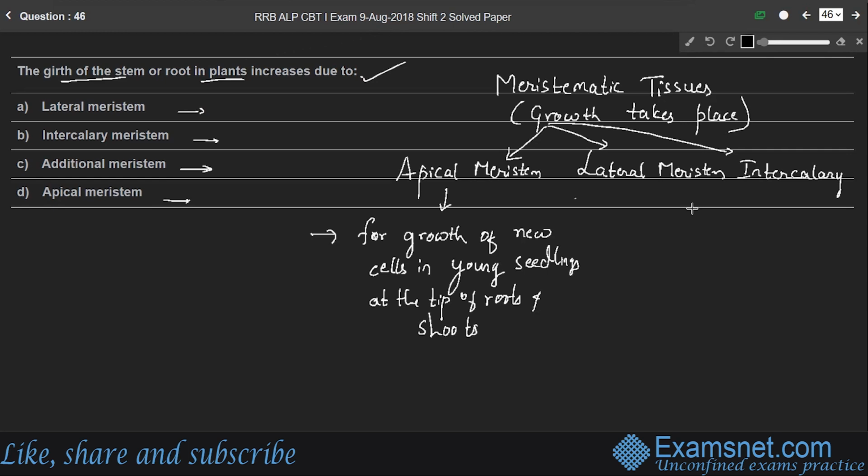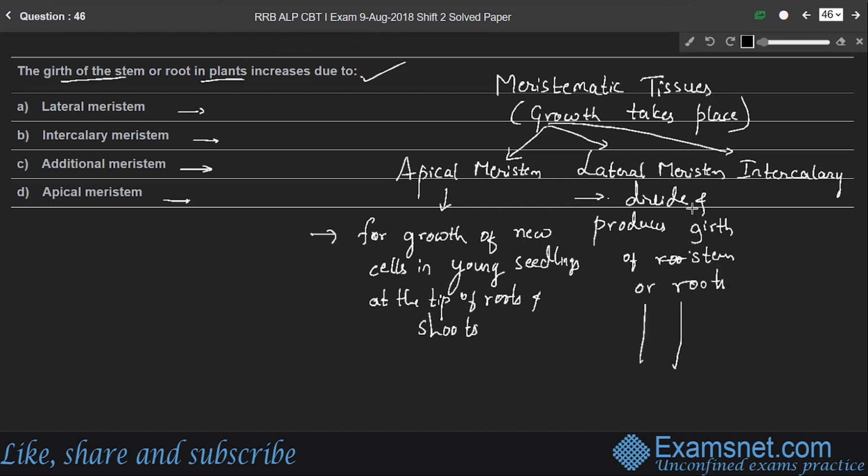Whereas the second meristem, lateral meristem, divides and produces girth of stem or roots.